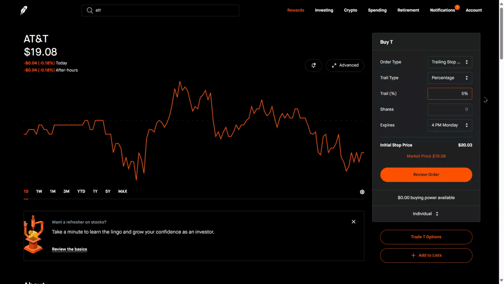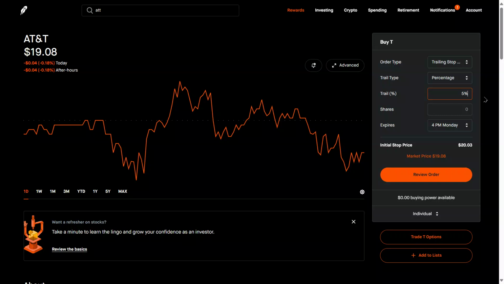So okay, if I put 5% here, it's going to automatically sell anytime that stock drops 5% from its highest point, right? That's why it's called a trailing stop. It's going to follow the price up.